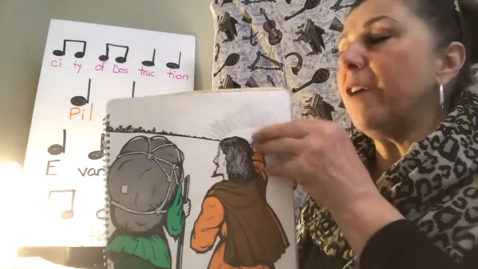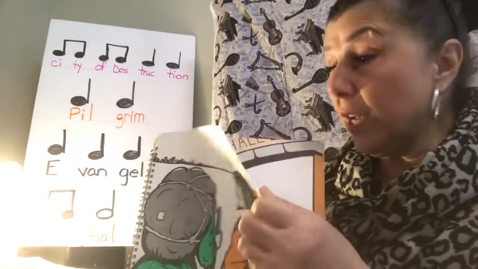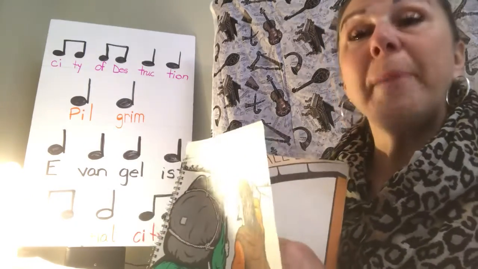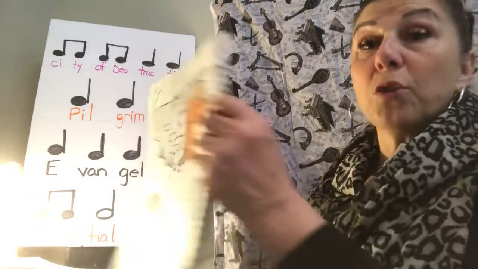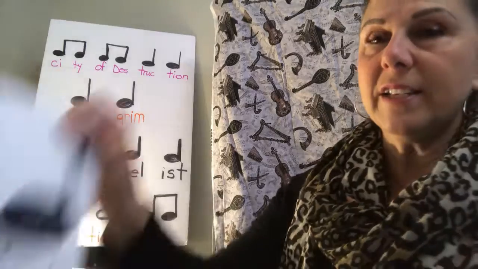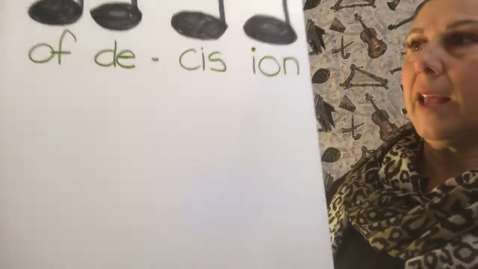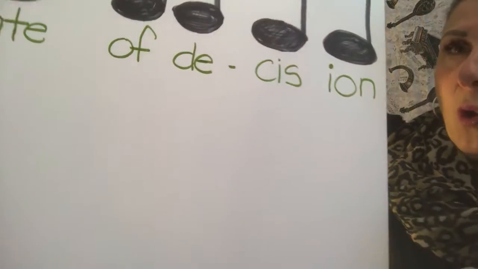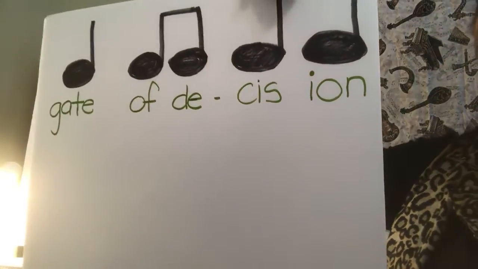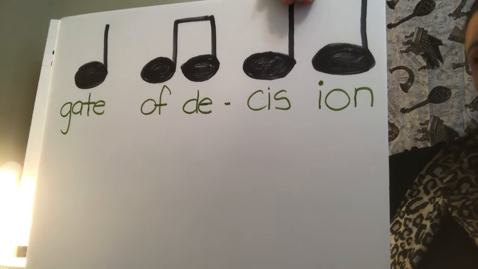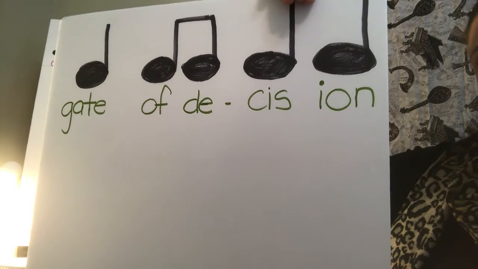And at this point, Evangelist says, you can get rid of this burden, but before you can continue, you must go through the, and this is our new rhythm, quarter, eighth note, quarter, quarter. The gate of decision. Try that. Quarter, eighth note, quarter, quarter.